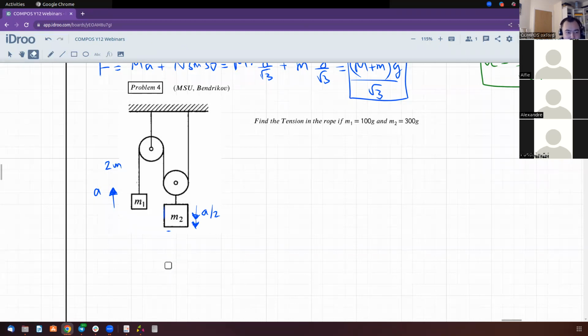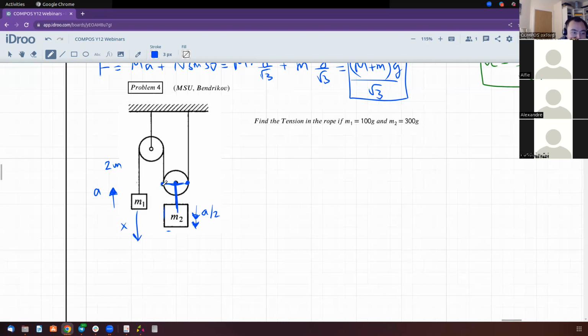So well done. If M2 moves down by half a meter, M1 will move up by a whole meter. This is to do with the way M2 is attached. So this point is stationary. Let's say we pull on M1, and M1 moves a distance x.